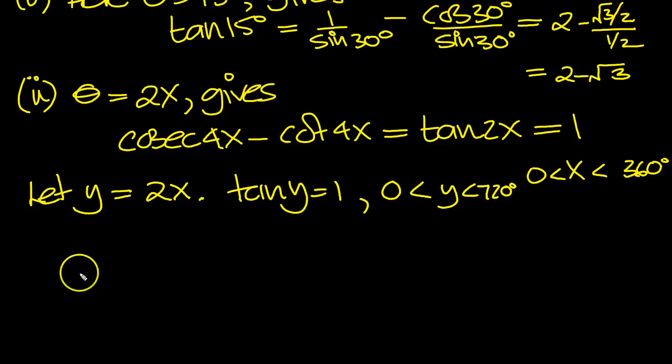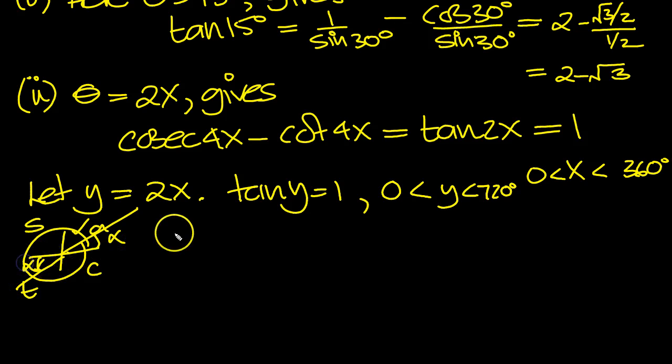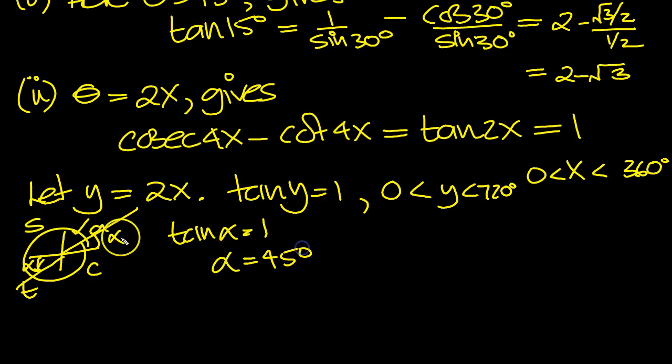So let's draw a circle. Whoops, let's write CAST. Tan is positive, isn't it, because it's 1 here and here. Draw 2 lines. Mark off the alpha to the horizontal then, and simply write tan alpha equals 1. So that tells us then that alpha is equal to 45 degrees. So there's our angle.